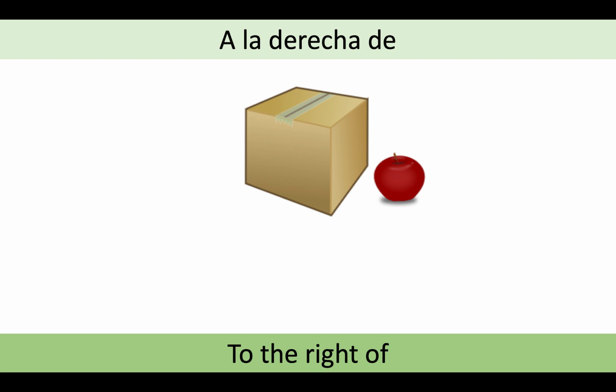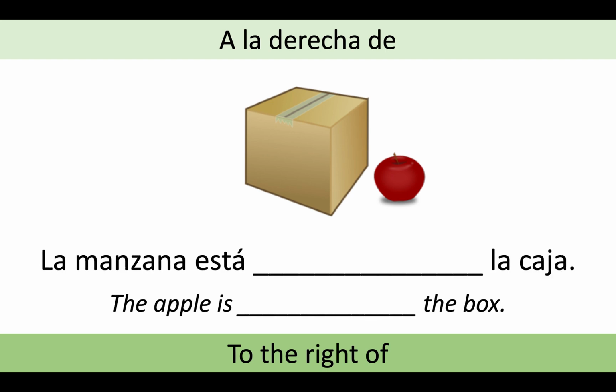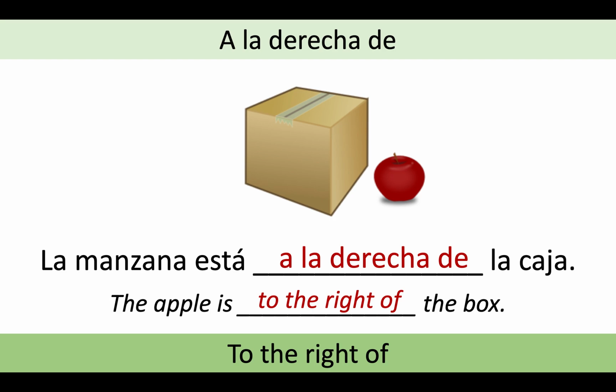This translates to mean to the right of, and an example would be la manzana está a la derecha de la caja. In English, that means the apple, la manzana, está, to the right of, a la derecha de, the box, la caja.